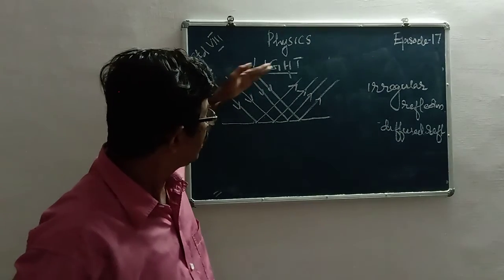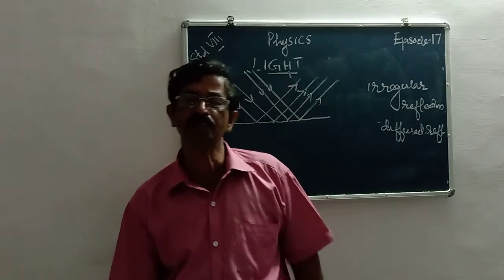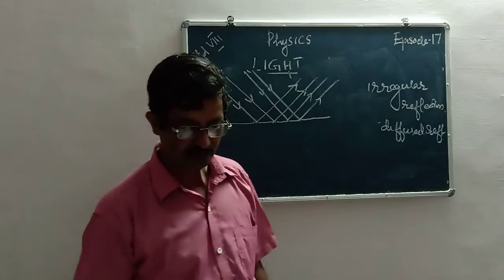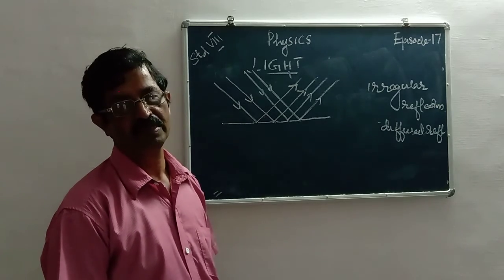Incident rays are parallel, reflected rays are also parallel. Such a type of reflection is called regular reflection.